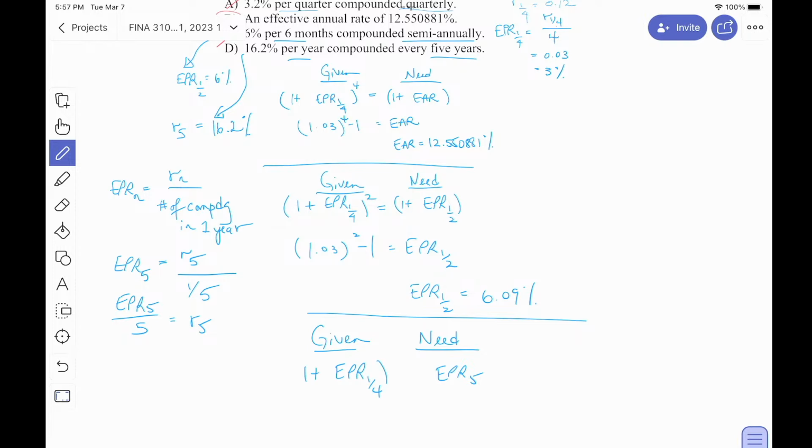That's what you have to think about right now. There are 20 quarters in 5 years. So I will take 1.03 to the 20 minus 1 to get EPR 5.